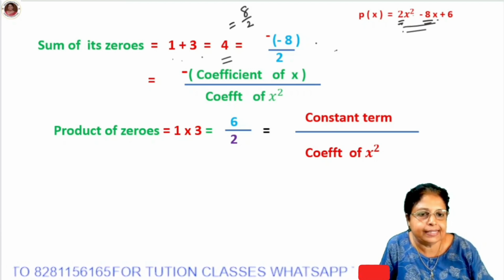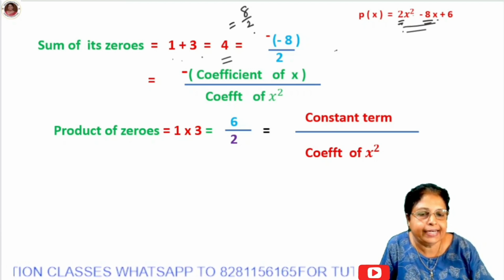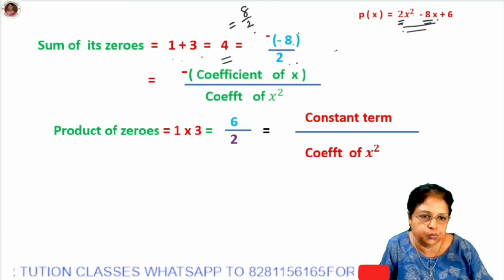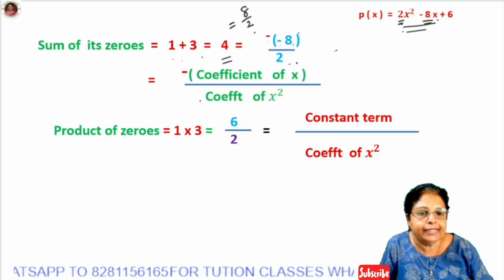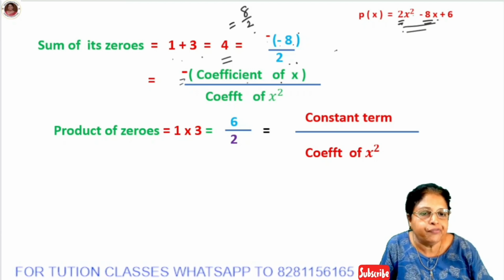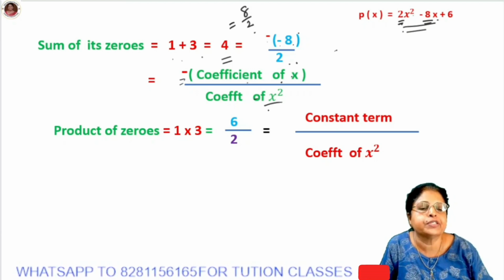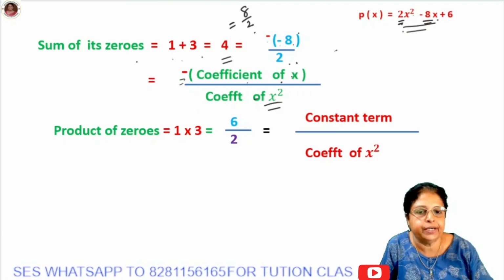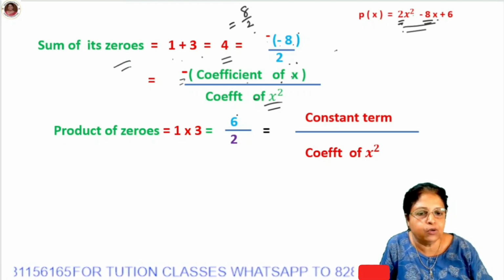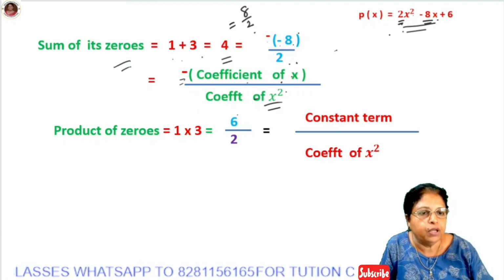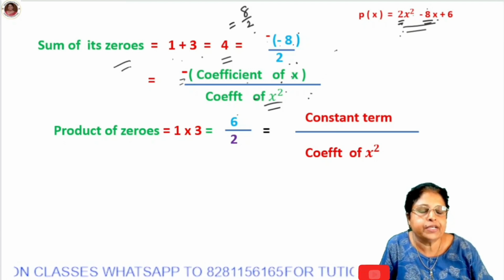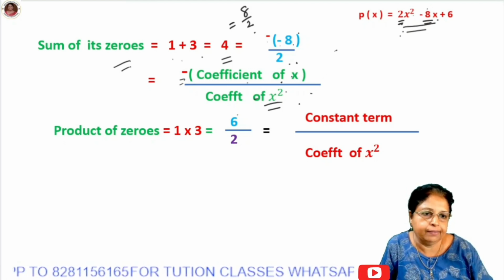If we relate this, we can write this 8 upon 2 as negative of negative 8 upon 2. That means negative of coefficient of x upon coefficient of x square. That means we are getting a relation here. Sum of the zeros is equal to negative of coefficient of x upon coefficient of x square.